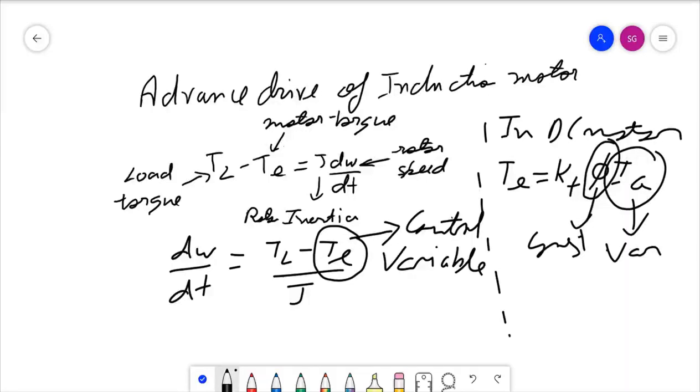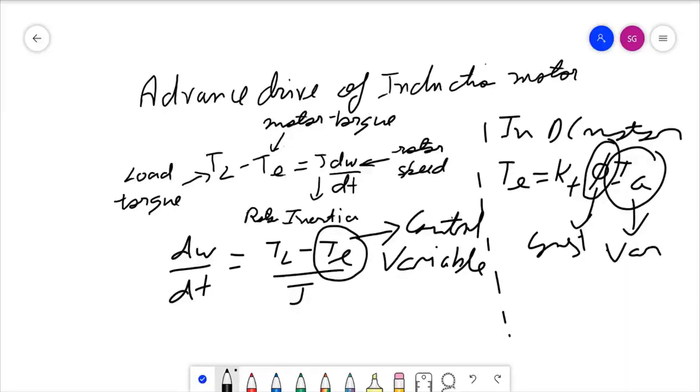So you can easily control the armature current in the armature winding by controlling the armature voltage, while keeping the flux constant. But in an induction motor, this is not the case, because there is a single winding, the stator winding, through which all the power has to come to the machine. So the magnetizing power to the motor and the load power to the motor both come through the stator.